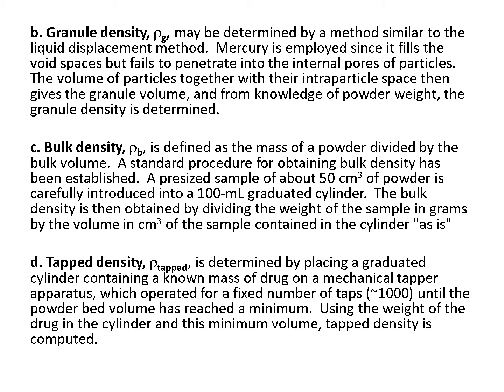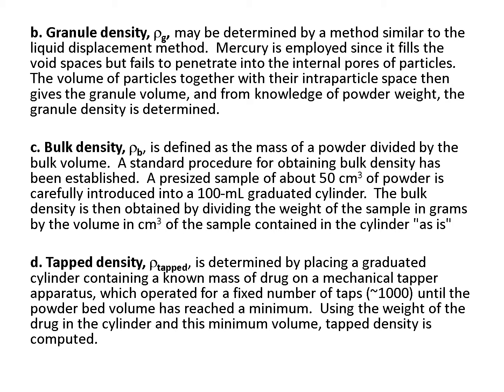We measure the bulk density 1 inch from the bench and tap it 60 times during 2 minutes. That means if you open your stopwatch and tap it every 2 seconds, 60 times during 2 minutes, and then you will measure the volume.